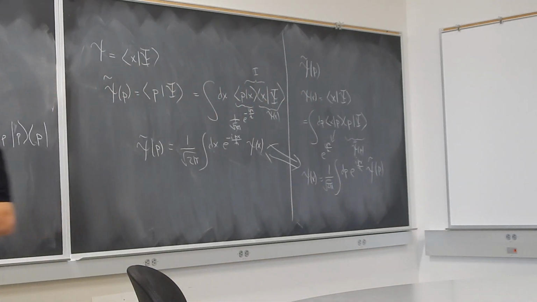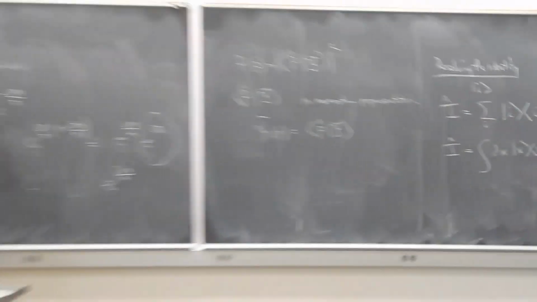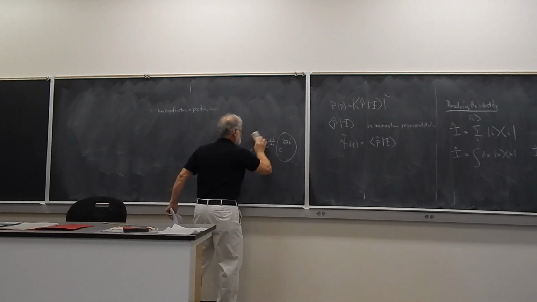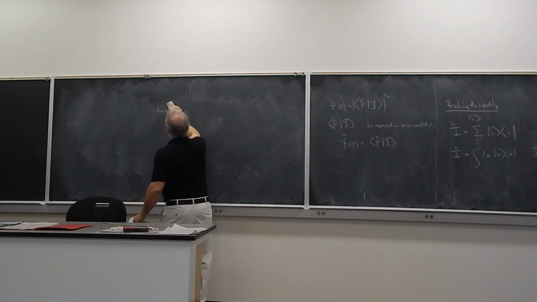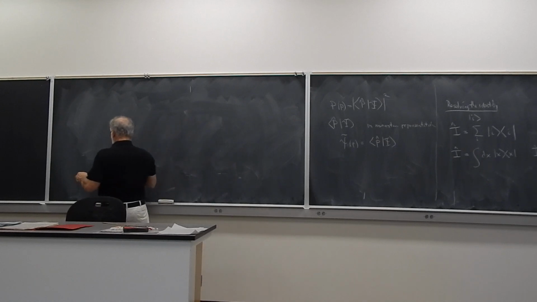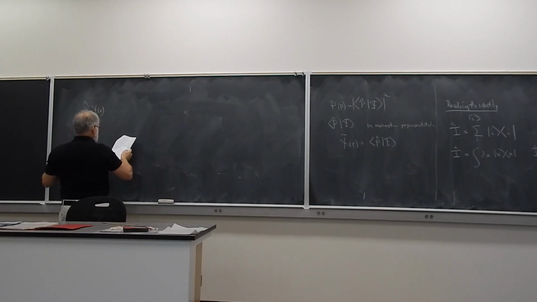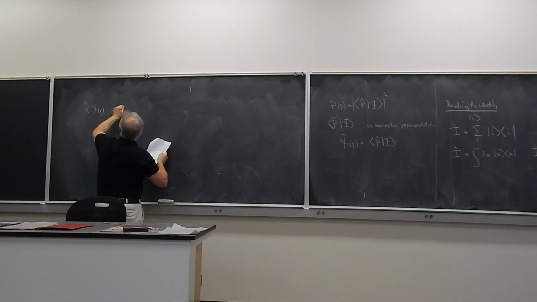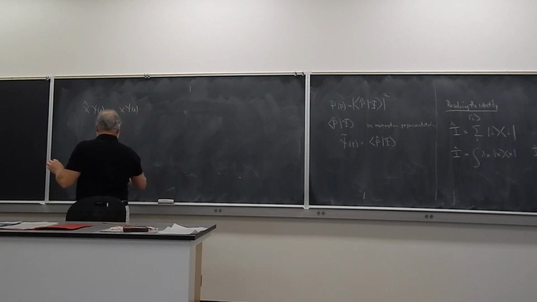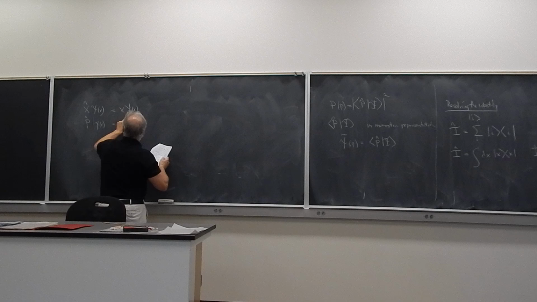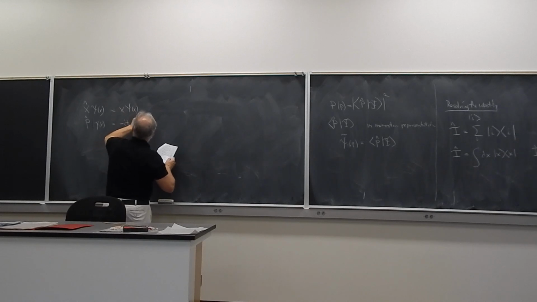Now let's look at the commutators. X operating on psi of x, I can write as x times psi of x. P operating on psi of x, I can write as minus i h bar d psi of x dx.